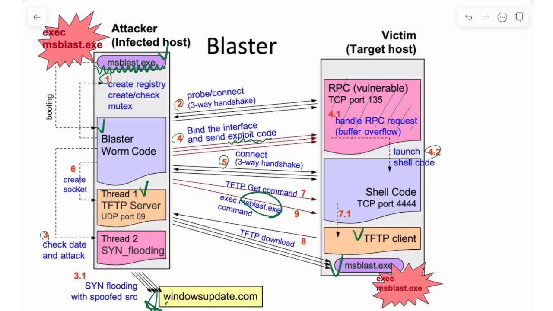So from now on, the victim becomes a new attacker. And then so on and so forth. Because every computer in early 2000, they all have this vulnerable RPC services.